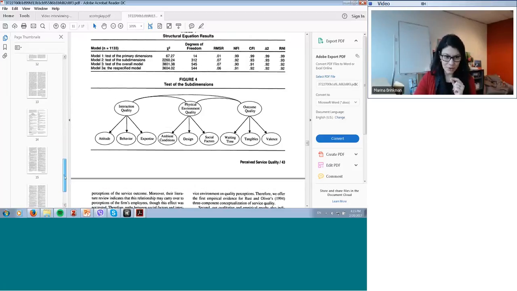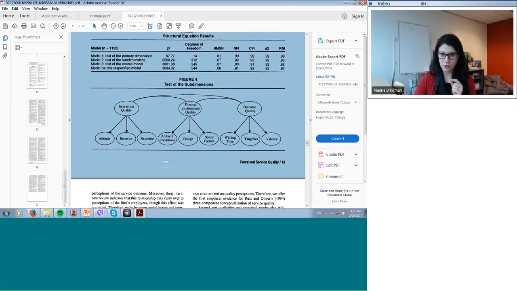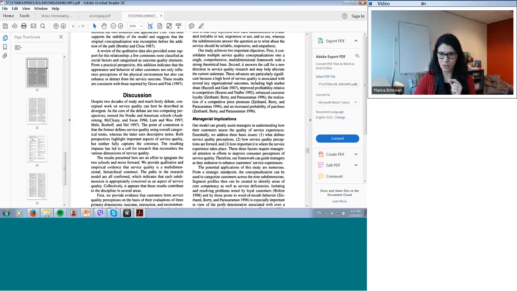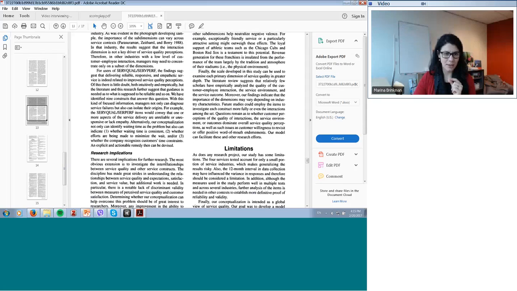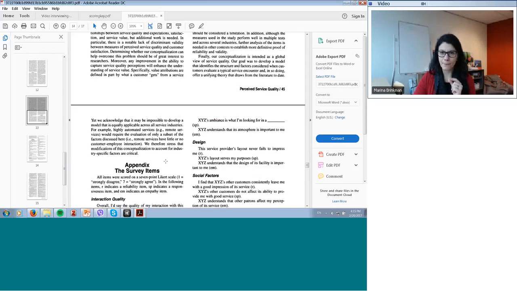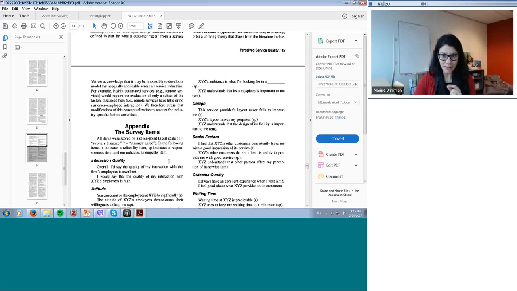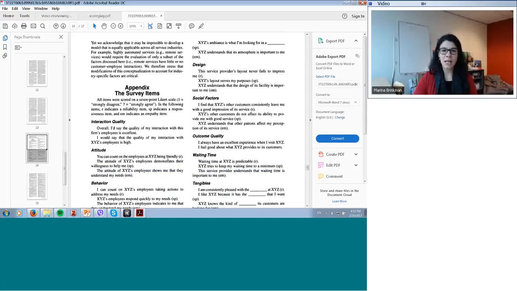How is that then translated further into the actual indicators in the survey and the sub-dimension? It's very well reported in the appendix and the survey items, where you see that the authors have used a 7-point Likert scale.